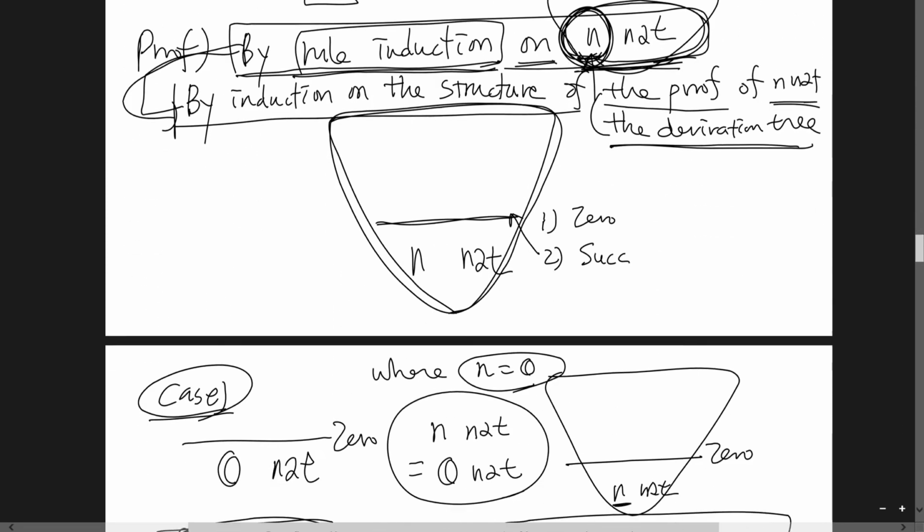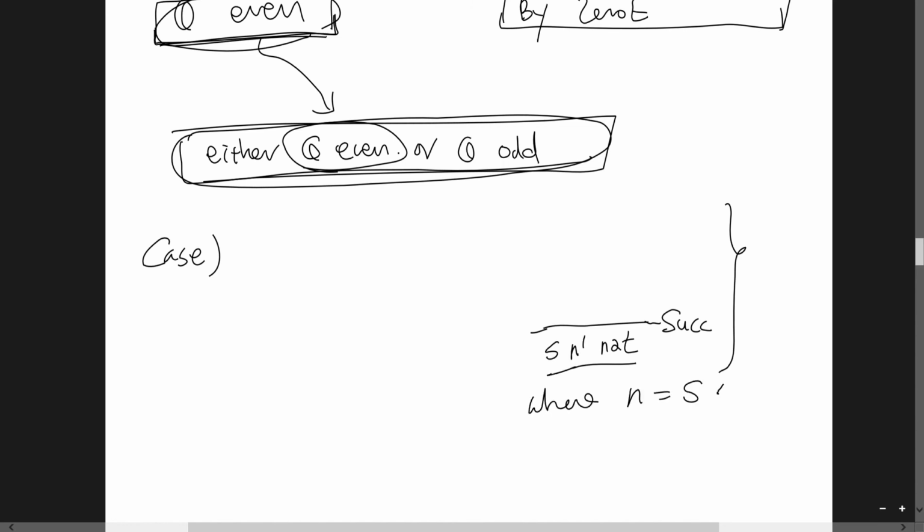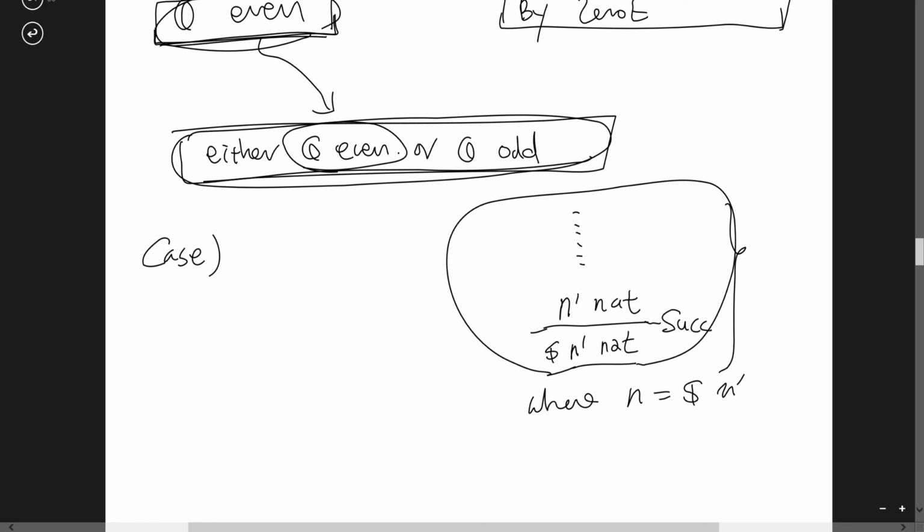So perhaps we should introduce another meta variable. So this n net is actually successor n prime, where n is equal to successor n prime. So this time the derivation tree looks like this one, and the premise is n prime net.